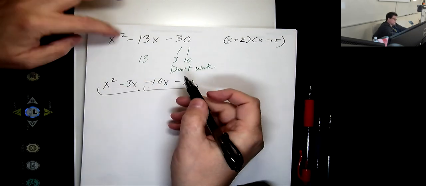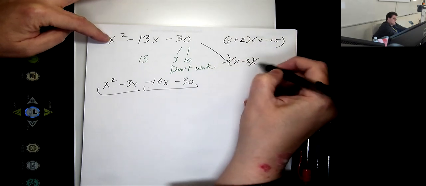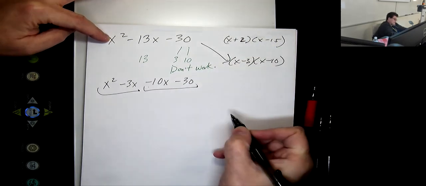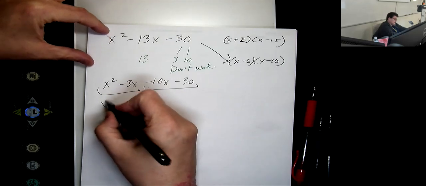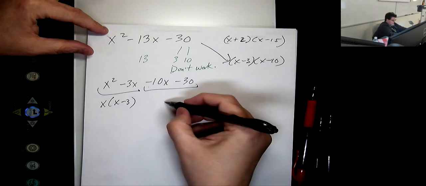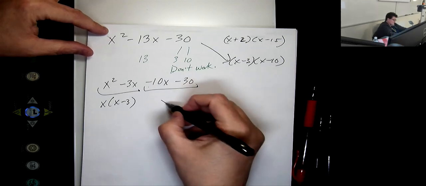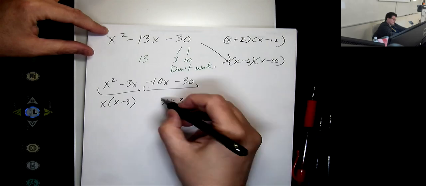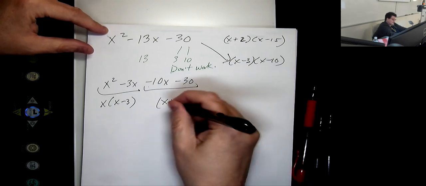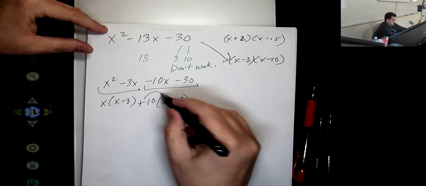If you just jump straight to the answer and say this is x minus 3, x minus 10, well, that's not going to show you right away. I can't get an x minus 3 here, though. The best I can do there is an x plus 3. If I tried doing minus 3 and said this is 10, when I multiply it in, it's wrong.